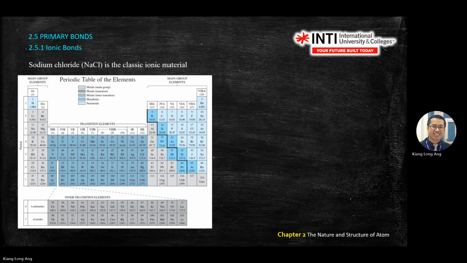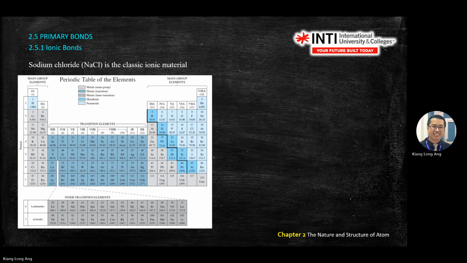You are combining Na and Cl. You want to get NaCl. How does the primary bonding, or ionic bonding, happen?